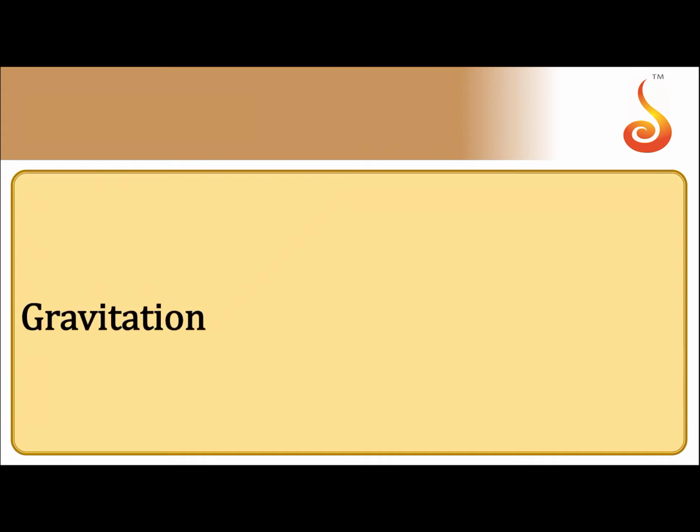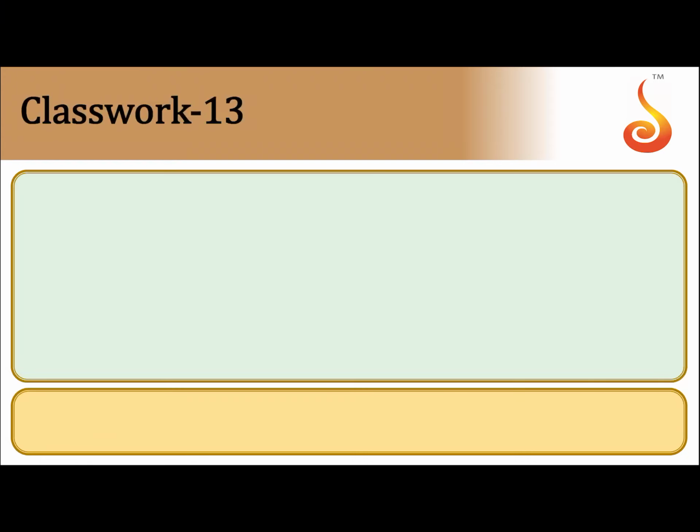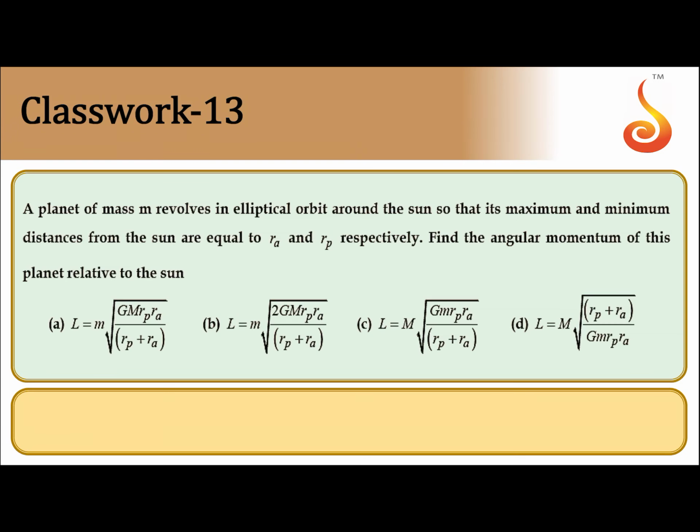So I'll take up some problems based on gravitation. Here is the first one, problem number 13. According to this, a planet of mass m revolves in an elliptical orbit around the sun so that its maximum and minimum distances from the sun are equal to Ra and Rp respectively.